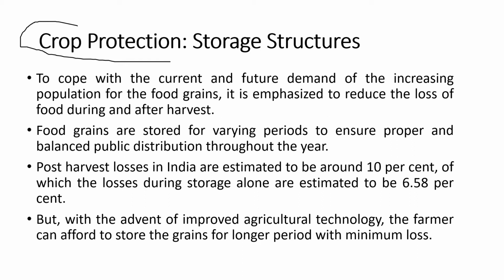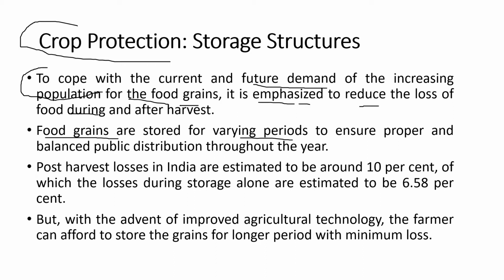For storage structures, to cope with the current and future demands of the increasing population for food grains, it is emphasized to reduce the loss of food during and after harvest. Definitely this is one of the important aspects that needs to be taken care of with the increasing population day by day, and the wastage of food needs to be minimized. Also, food grains are stored for varying periods to ensure proper and balanced public distribution throughout the year.